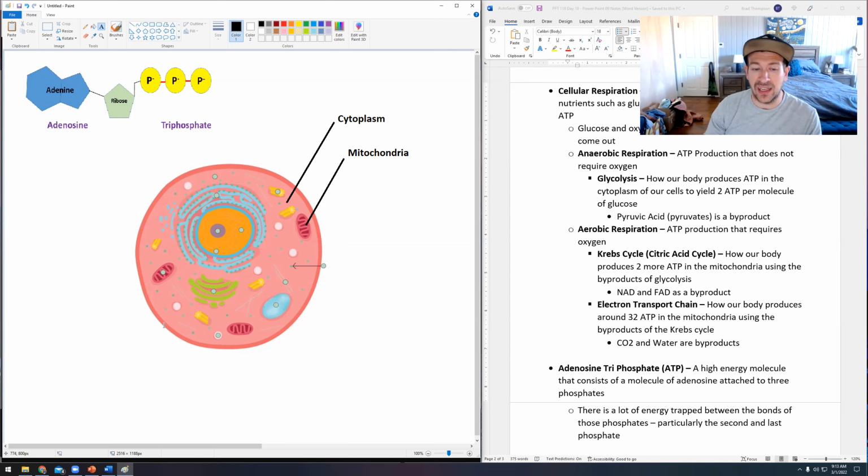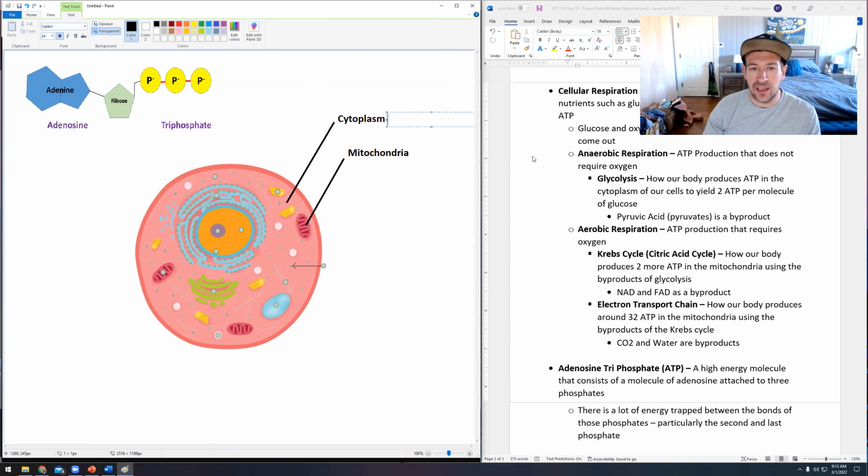Not only does it supply a suspension of nutrients and things like that, that's why we call it plasm. The fluid itself is just called cytosol, but the cytoplasm is that fluid when it has electrolytes and nutrients and all this other stuff in it. The cytoplasm is the site where anaerobic energy production takes place.